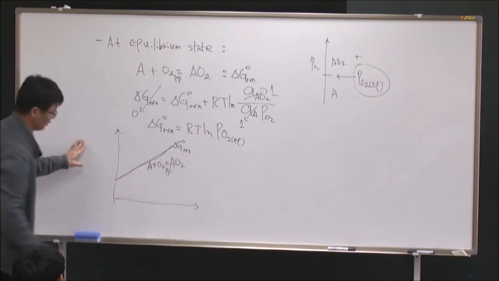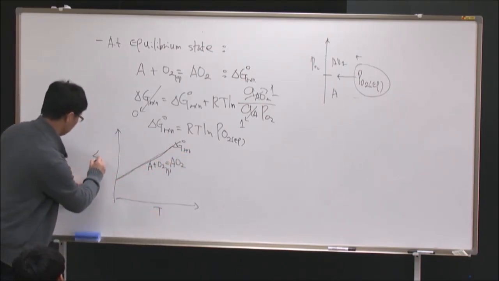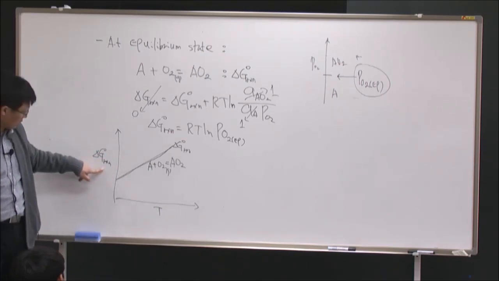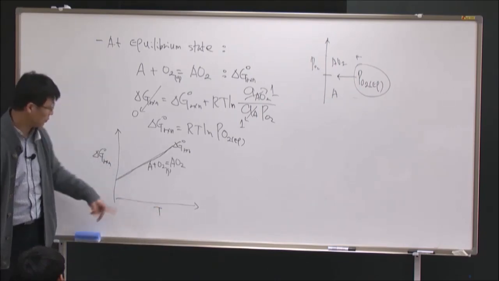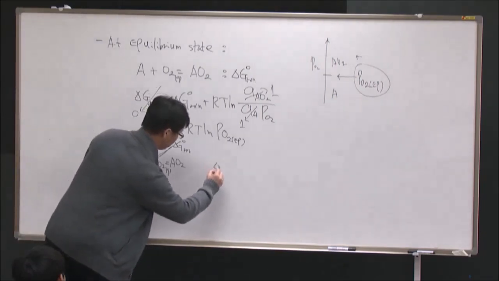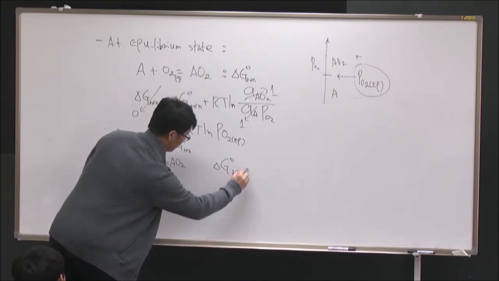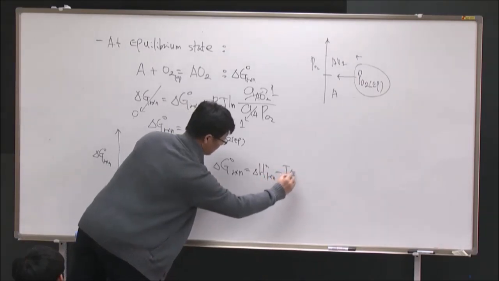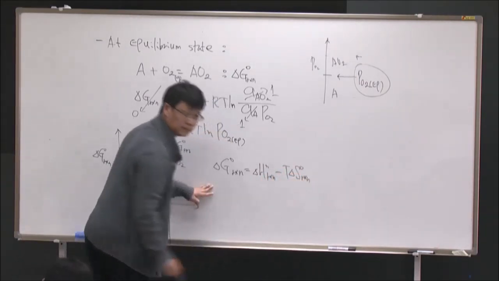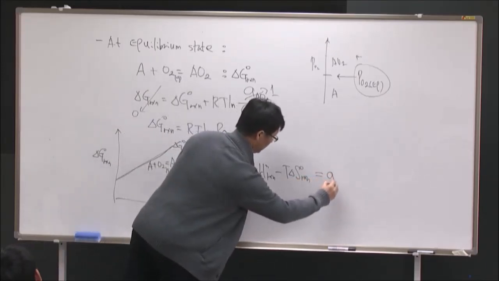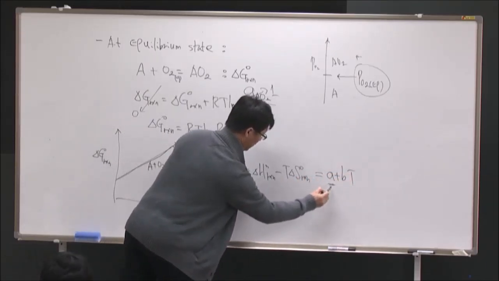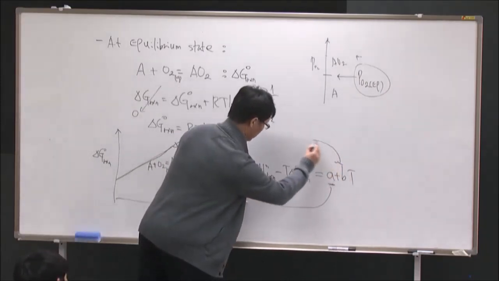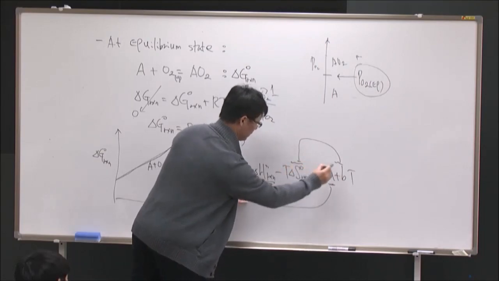So this is the delta G of reaction graph with temperature. Y-axis is delta G of reaction, and x-axis is temperature, because delta G of reaction is typically delta H of reaction minus T delta S of reaction, and this is almost A plus BT. So A corresponds to the delta H here, and B corresponds to the minus delta S here.